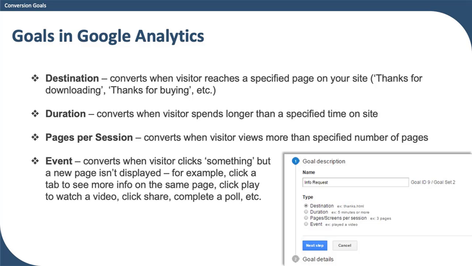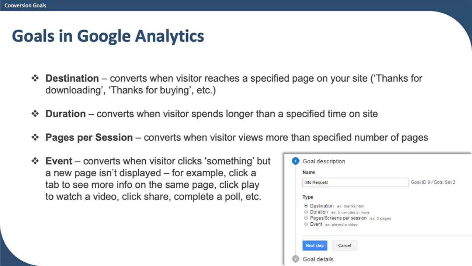Finally, events. And an event goal converts when a visitor clicks something, but they stay on the same page. So for example, if they click a tab to view more information, or click play to watch a video testimonial, or click a social media share button to share your content, for example, these could all be set up as event goals.